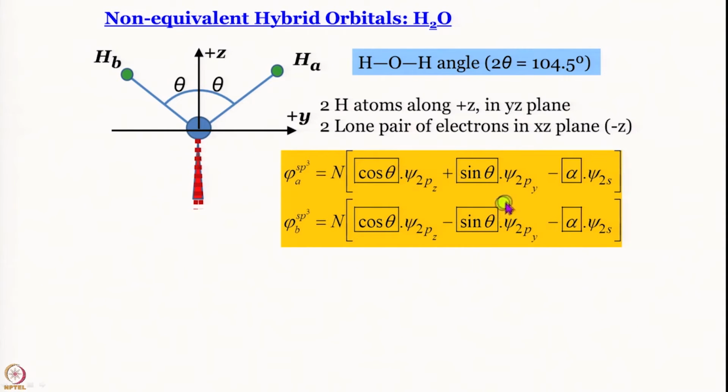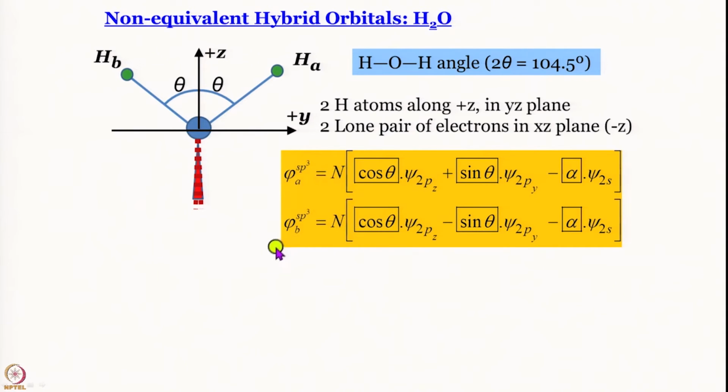Then similarly, the angle between the y axis and this orbital is 90 degrees minus theta, so this coefficient has to be proportional to sin theta, and for psi 2s I do not know what the coefficient is, I will just write minus alpha, and then the whole thing is multiplied by N because you have to normalize the orbital also.